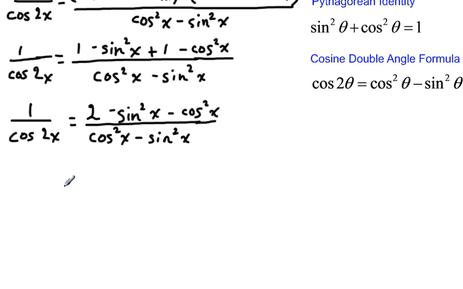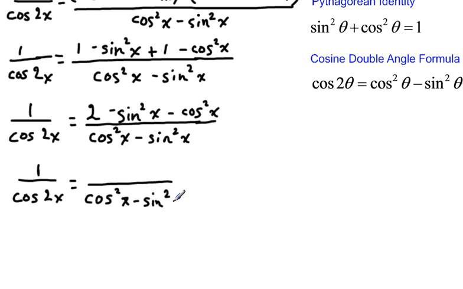Next up, this takes a little bit of ingenuity here. So 1 over the cosine of 2x, that still remains the same. And on the bottom, we still have cosine squared x minus sine squared x. Now the top, there's a little trick we're going to do. The 2 remains the same. Notice that we have a sine squared and a cosine squared, but their signs are negative. Now, we know here we have a Pythagorean identity that states the sine squared plus cosine squared equals 1.